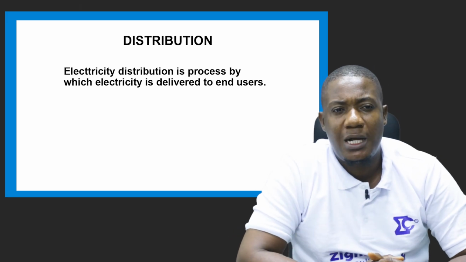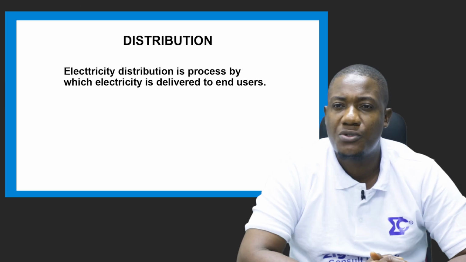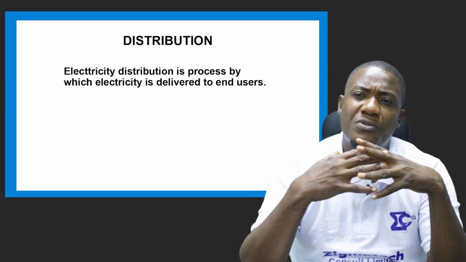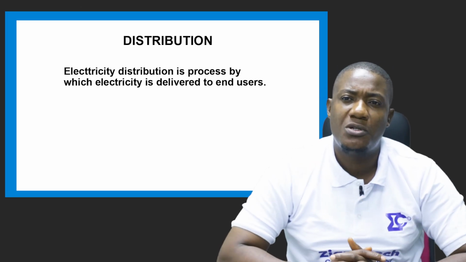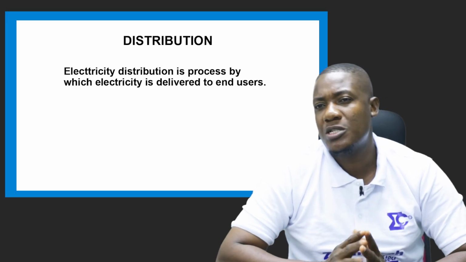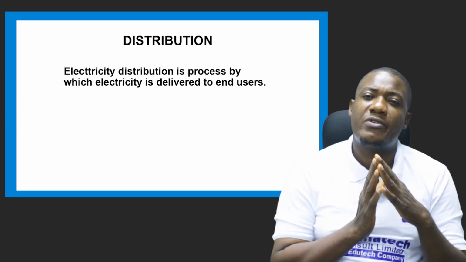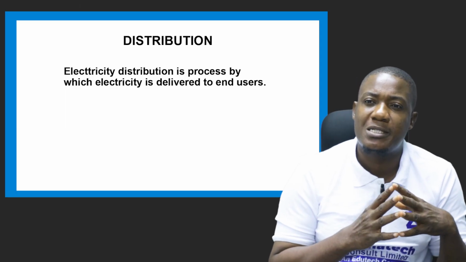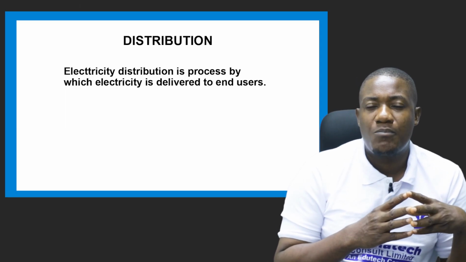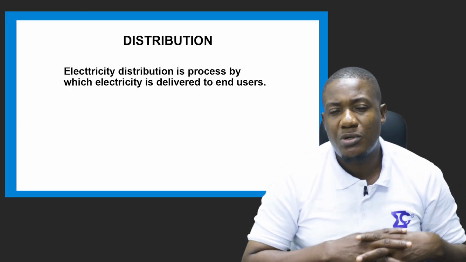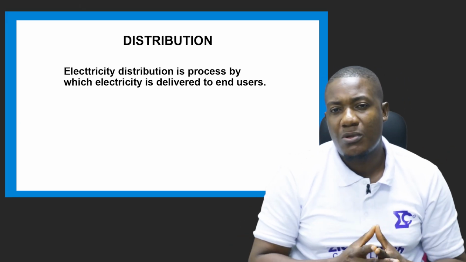Okay, so what actually is distribution of electricity? Just like we've said in my previous video about generation and transmission of electricity, electricity is first of all generated in generating plants or power plants. This electricity generated is transmitted, right?